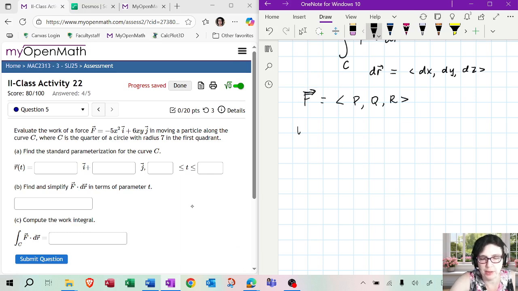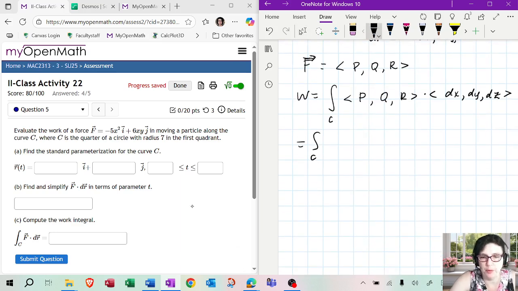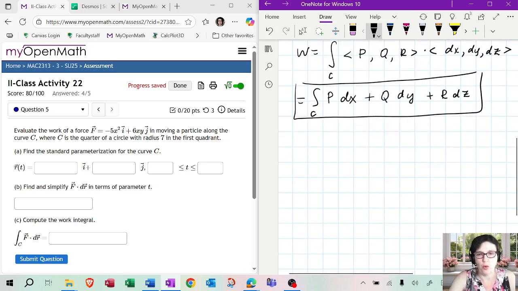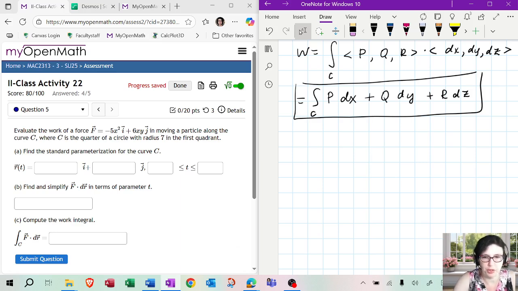What happens then when we dot it with dr? If this is P, Q, R, dot with dx, dy, dz, we just dot product it, right? So P will be multiplied by dx, Q will be multiplied by dy, and R will be multiplied by dz. This is a formula for work of a force, how we connect it to a line integral over that curve that a particle is traveling.